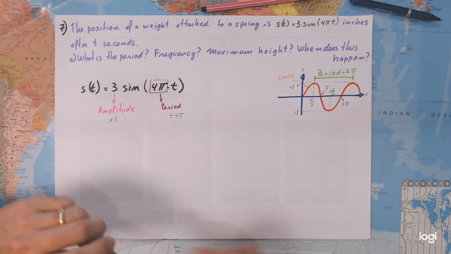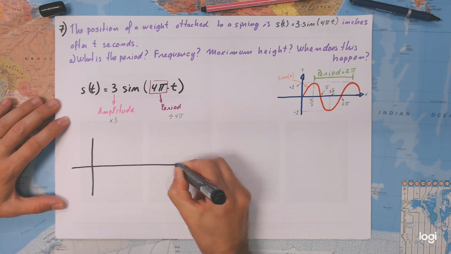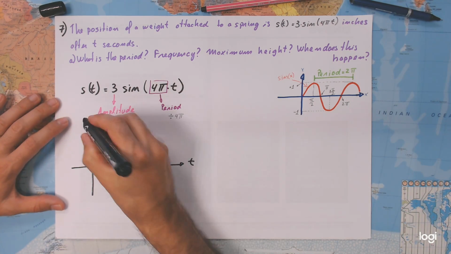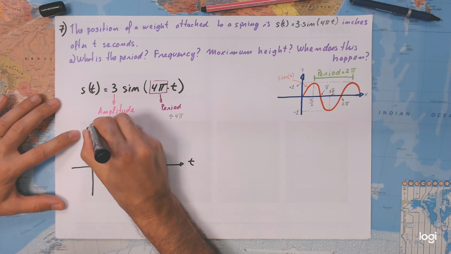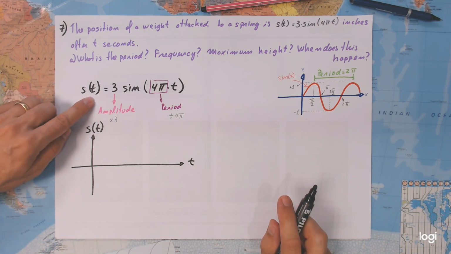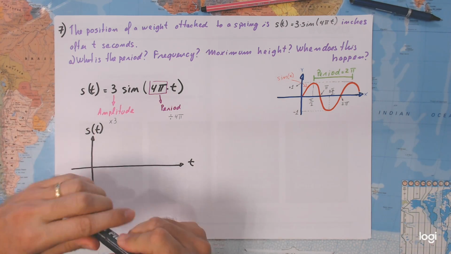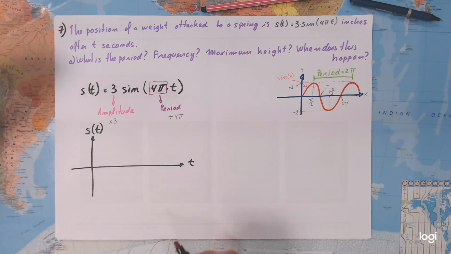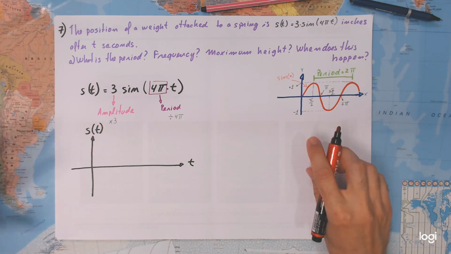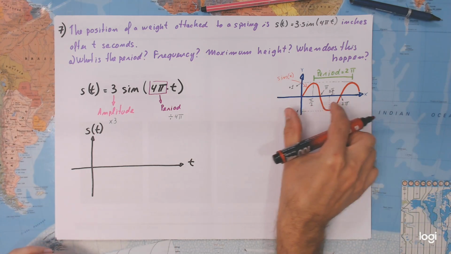So, let's just write our chart. But now I'm going to put t, okay? And this is s of t. It is the same as x and y, but our y, it is a position, s, and the x, it is going to be our time. It is the same thing. And one other thing, we are not changing anything regarding the phase, meaning we are not switching like this, moving, okay?